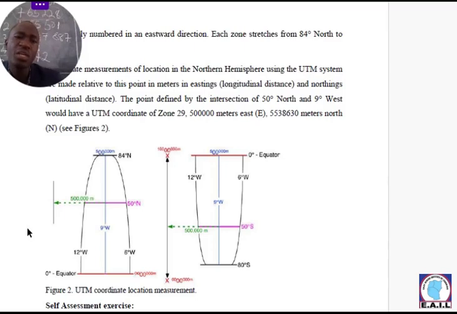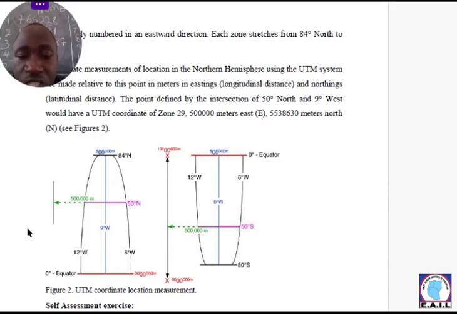Now, when we are looking at the Mercator or the UTM, it deals with the longitudes and latitudes. When you look below, we have an illustration which shows how we locate places using latitudes and longitudes.